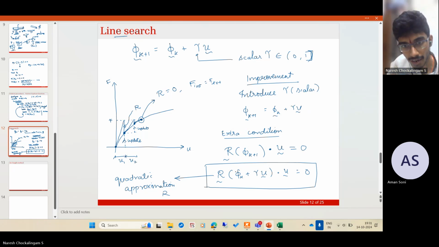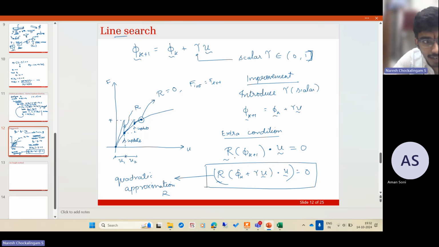Therefore, choose this gamma by solving not the actual nonlinear expression. Instead, you approximate this R by a quadratic term. Right? Approximate this entire thing by a quadratic polynomial. Then you can find gamma that satisfies that quadratic polynomial.